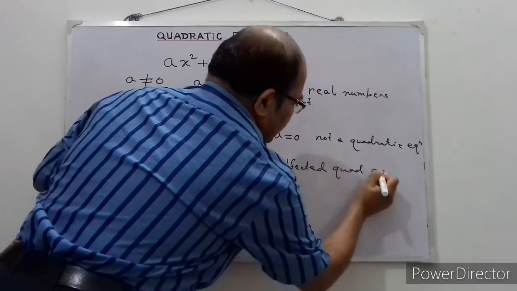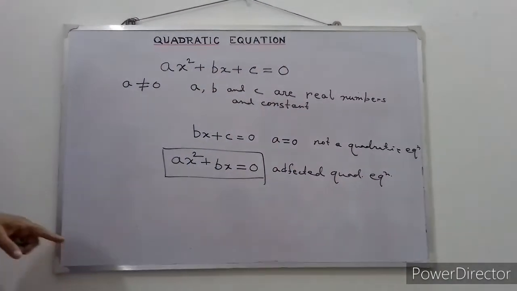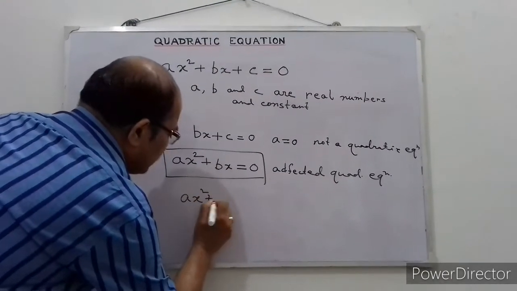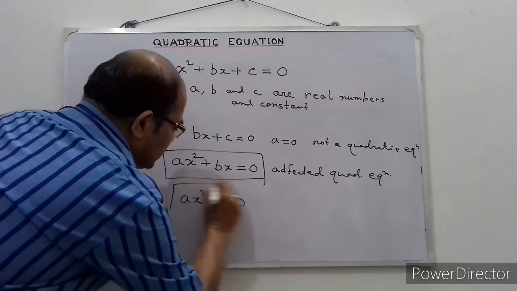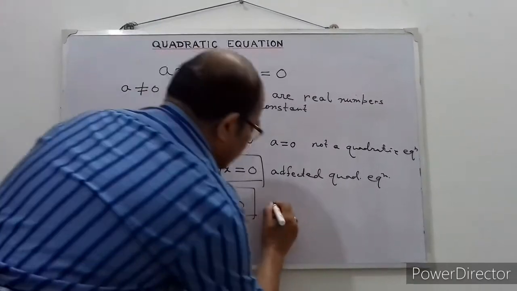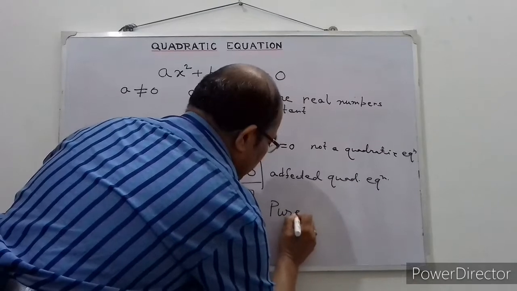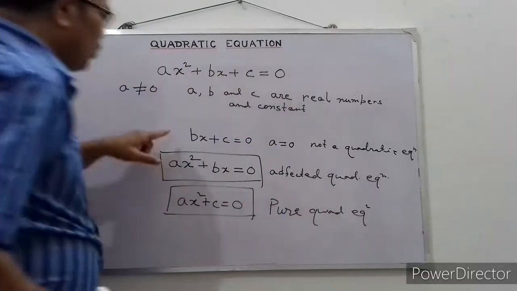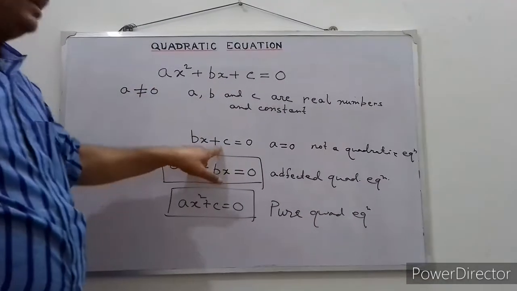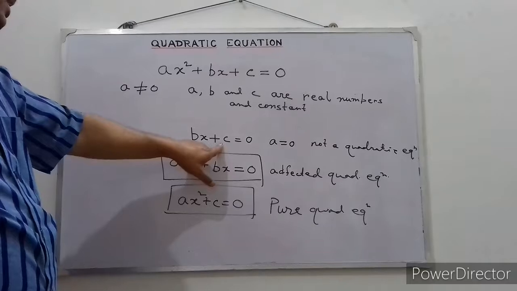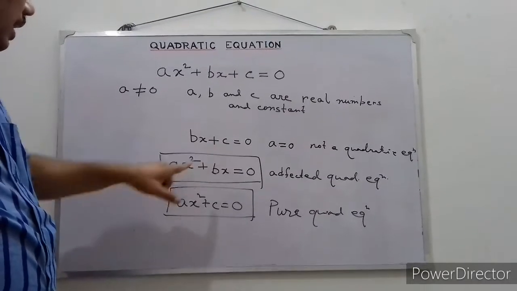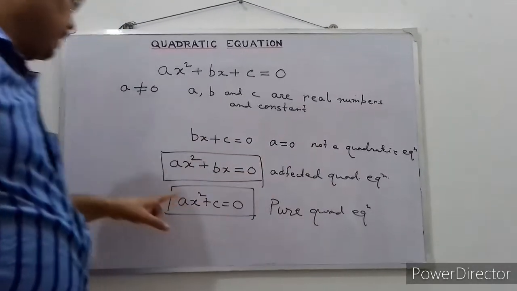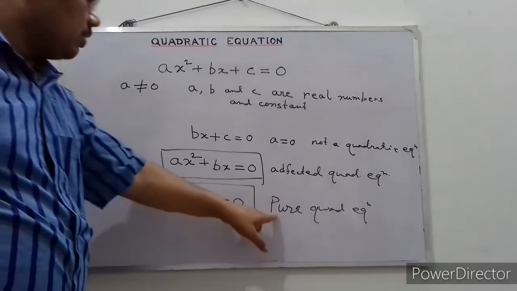And if b is 0, the equation is suppose ax square plus c equals 0. This is called pure quadratic equation. So if a is 0, the equation is converted into a linear equation. That means it is not at all a quadratic equation. But if c is 0, this is called adfected quadratic equation, and if b is 0, this is called a pure quadratic equation.